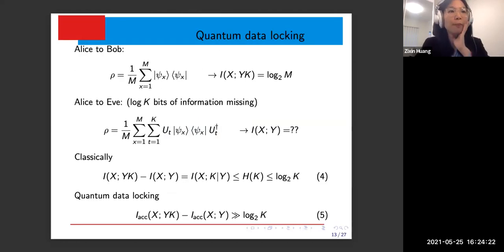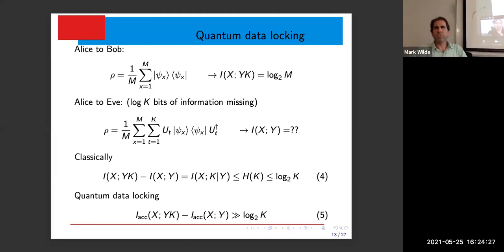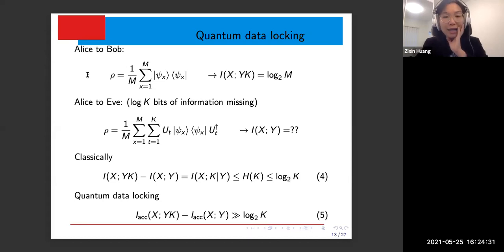Yep, so now we can talk about the quantum data locking effect. If Alice is sending a message to Bob, and Alice chooses all the code words with equal probability, then the density matrix that Bob sees is this.